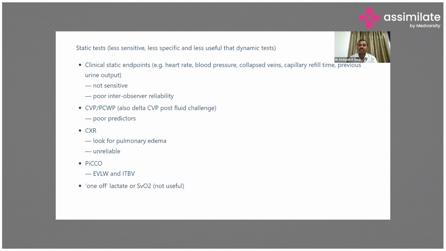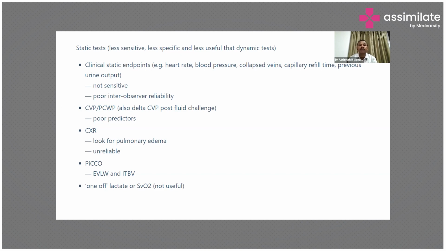You may say that the veins are collapsed, I may say that the veins are not collapsed. You may say that the capillary refill time is good, I may say that the capillary refill time is prolonged. So these are all subject to personal observation and subjective variation.